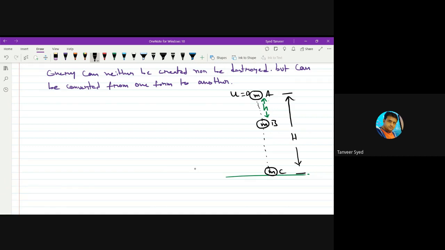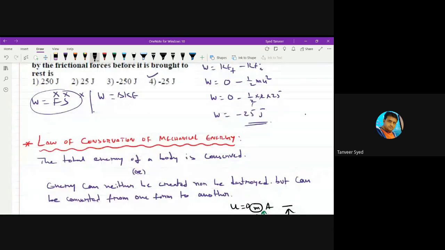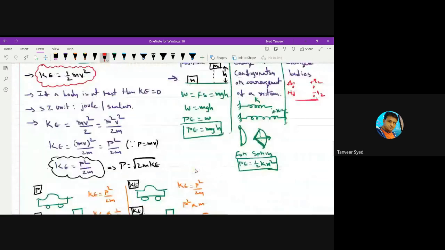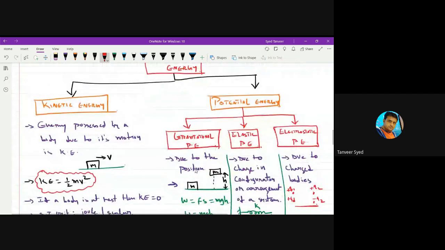And the total mechanical energy will be the sum of kinetic and potential energies. Total energy is kinetic energy plus potential energy.